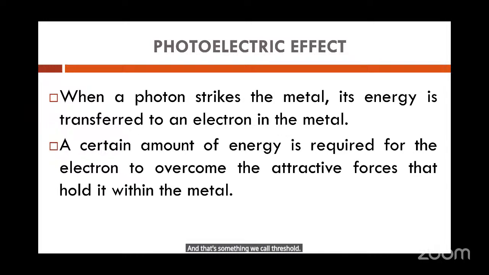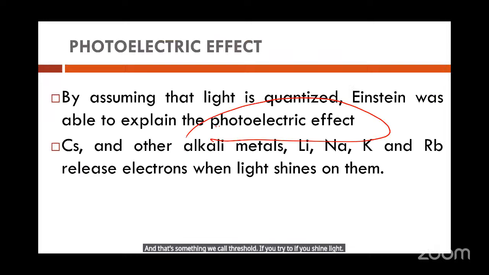If you shine light on the metal, when the light that you shine on it is enough, when it reaches the threshold of the metal, then the electron will be removed from that metal.